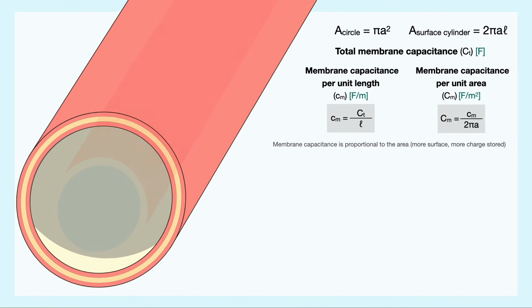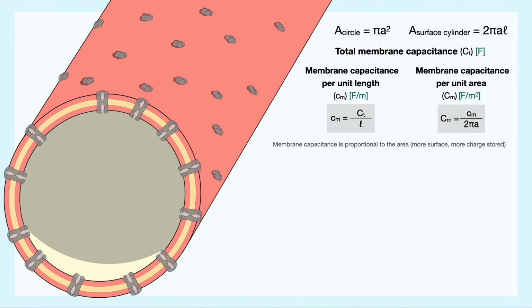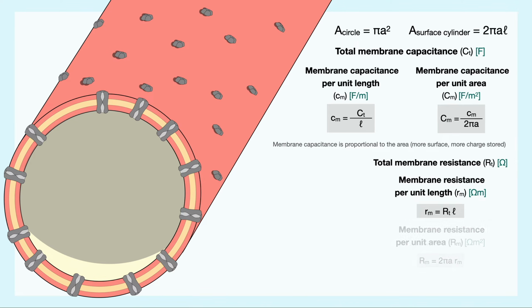In addition to the capacitance, remember that the membrane has channels embedded in it that allow ions to flow in and out of the cell. As such, we can establish the same quantities for the total resistance, resistance per unit length, and resistance per unit area. Here, however, it is a bit tricky because it seems like the areas are not at the correct places.